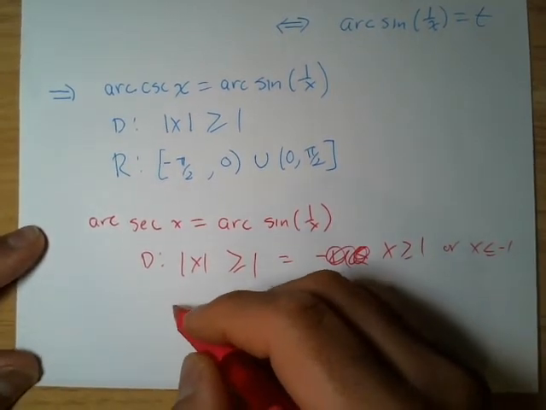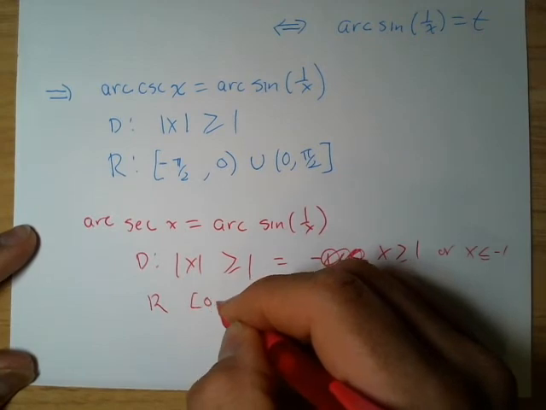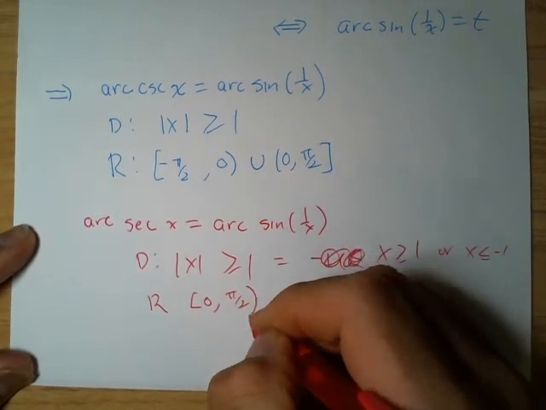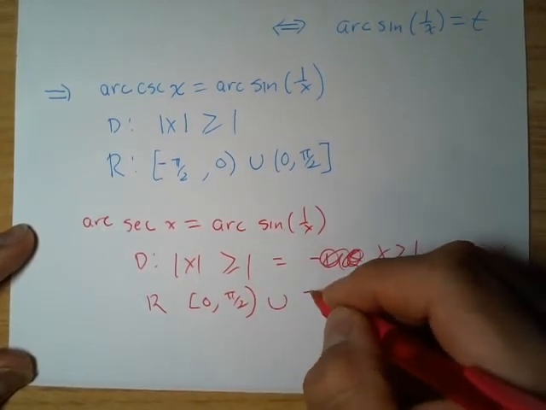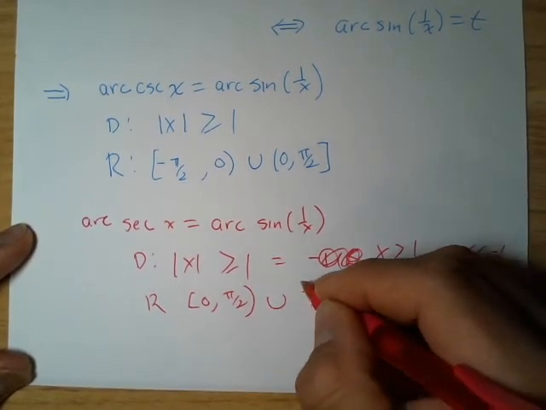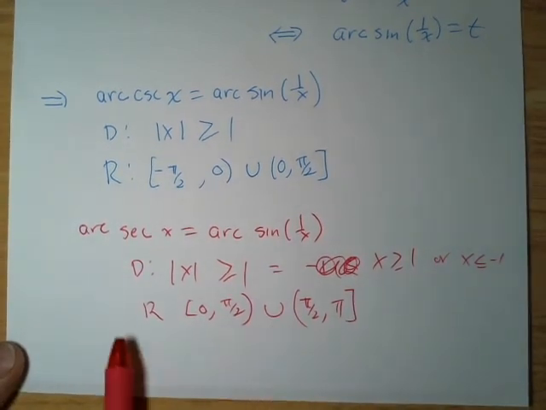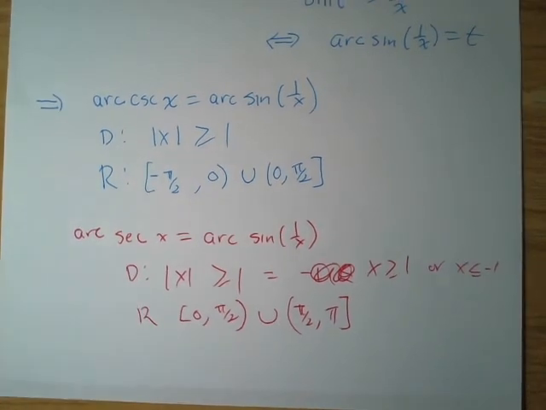And then the range goes between 0 and pi over 2, union with pi over 2 and pi.